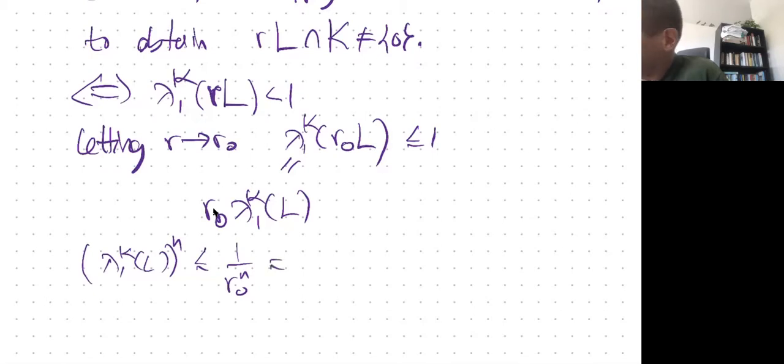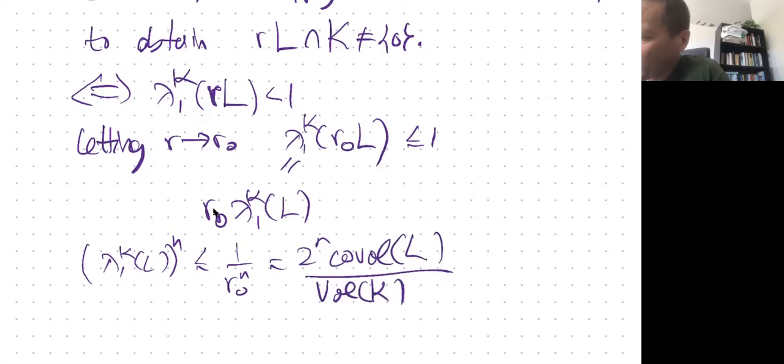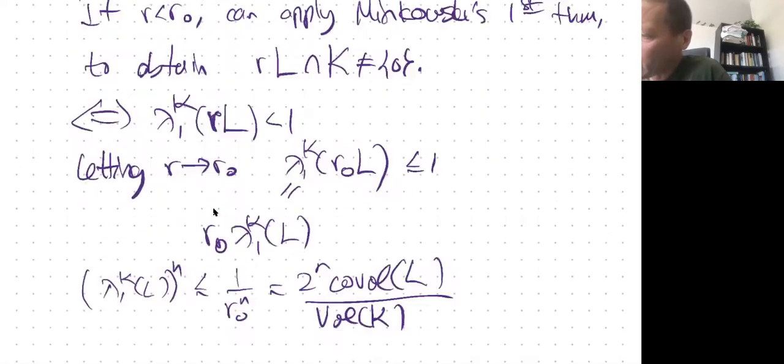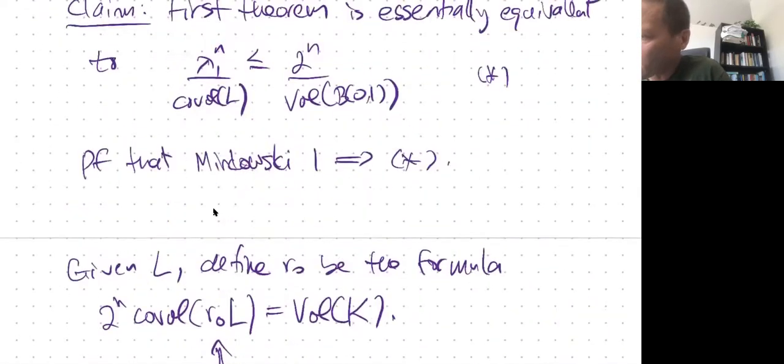So this is 2 to the n whole volume of n divided by the volume of K, and that's this.